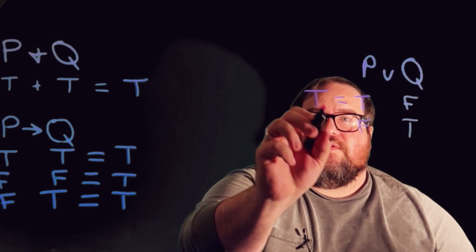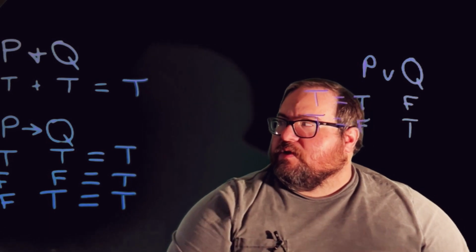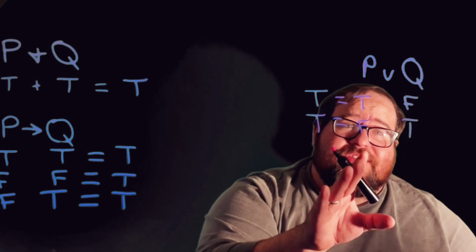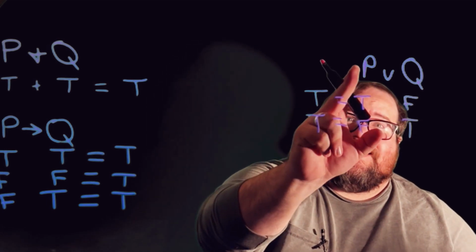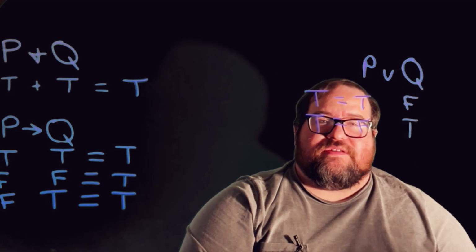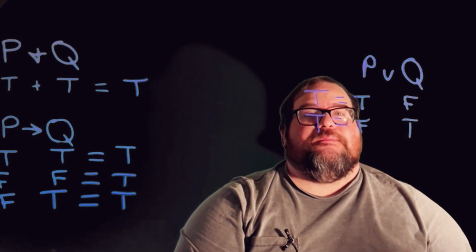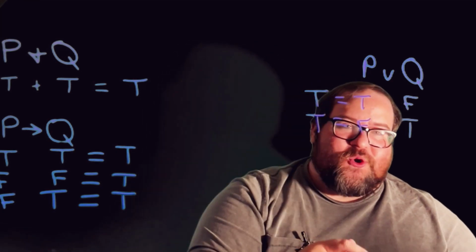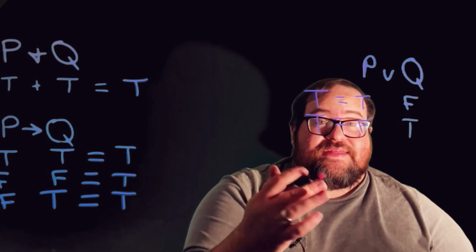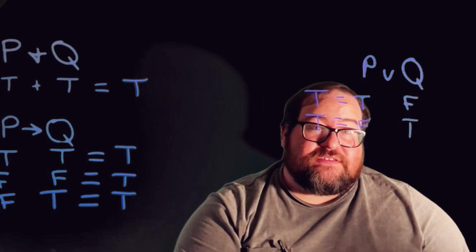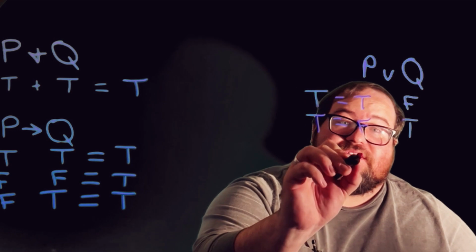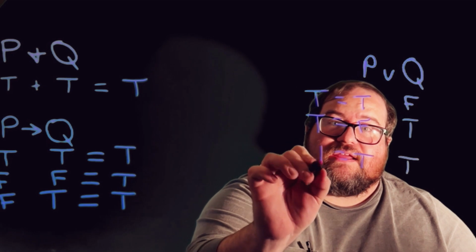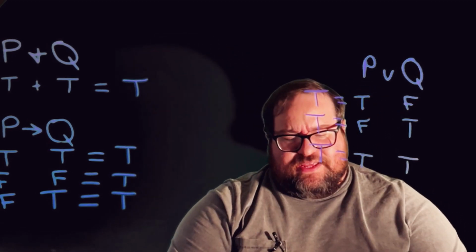I'll put it this way for you. Either it is the case that P is present or Q is present, and that makes it true. But there's one other instance when it would be true, and that is if both of them are present, then it is true. You might be wondering, why is that the case?